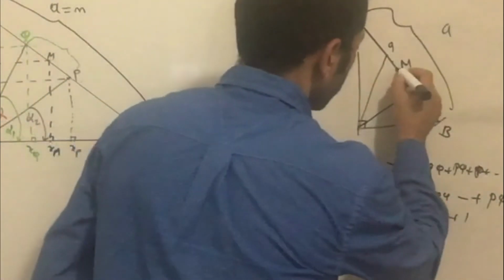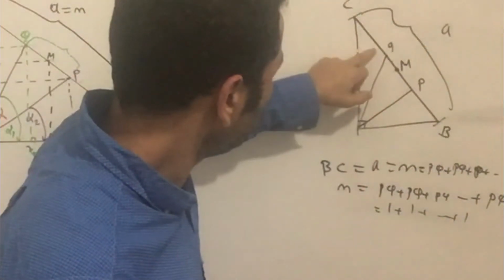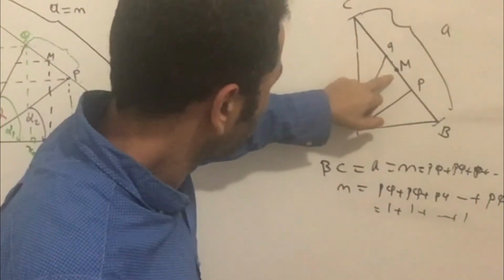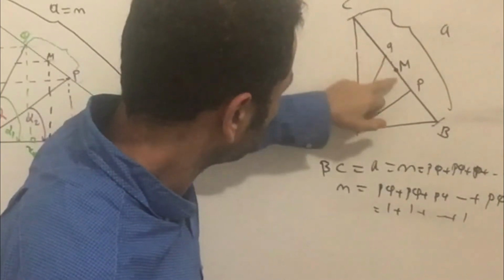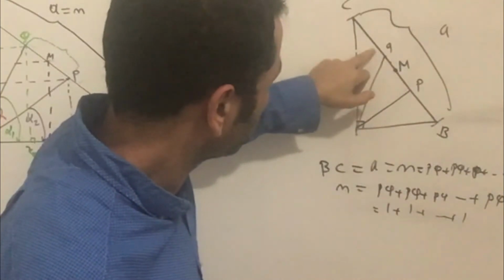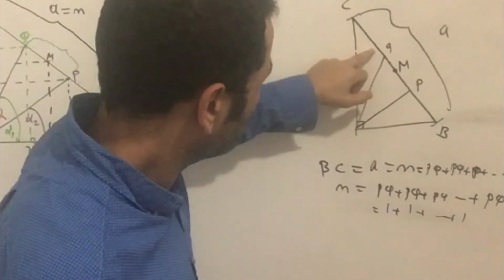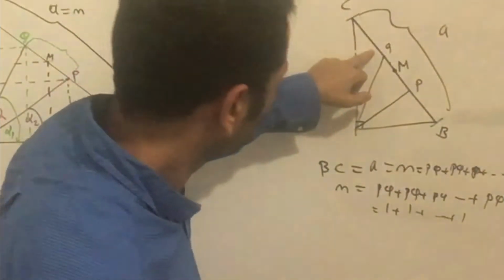Since we know M is the midpoint of the segment BC, M belongs to the segment PQ, which is a part of these segments that are equal to each other. What does this mean?